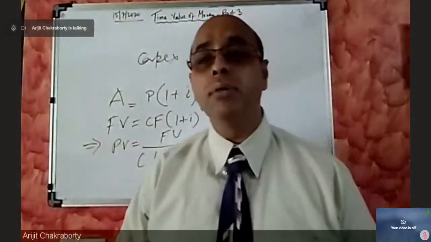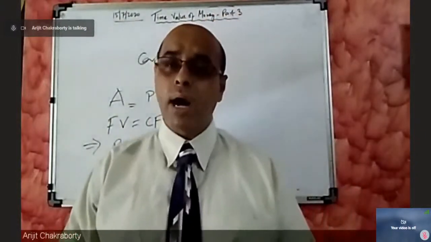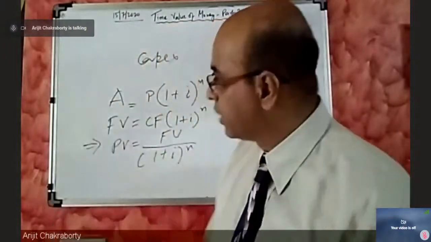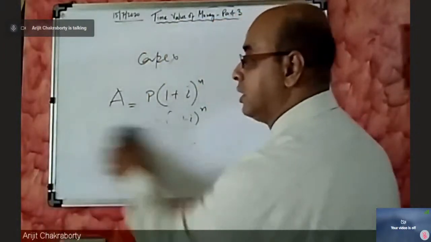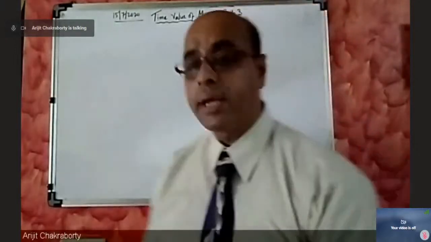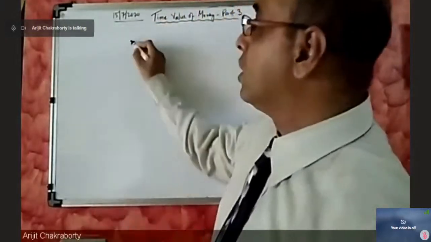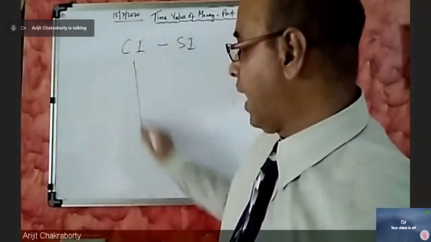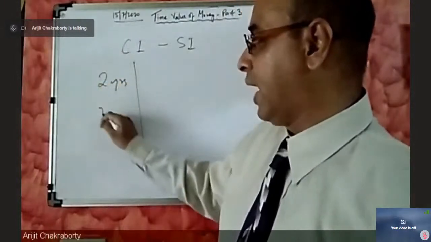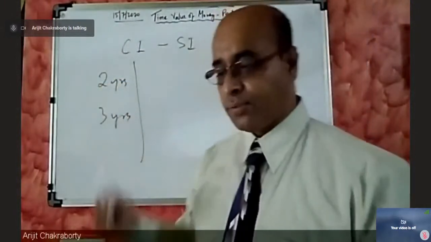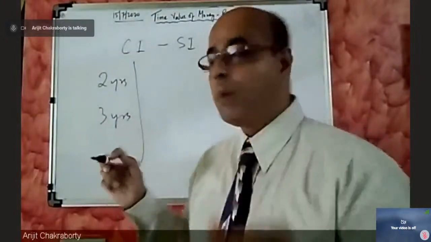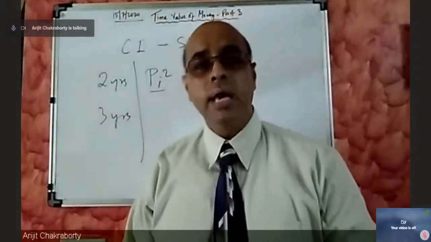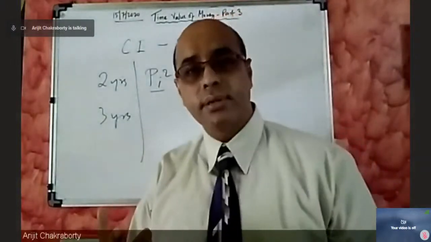Now on the second day, we spoke about a number of shortcuts. Quick recap: I spoke about very important shortcuts in the calculation of compound interest and simple interest. We had them for 2 years, and for 3 years. For 2 years, you may remember, the formula was P into I square, where P is the principal amount and I is the interest rate.